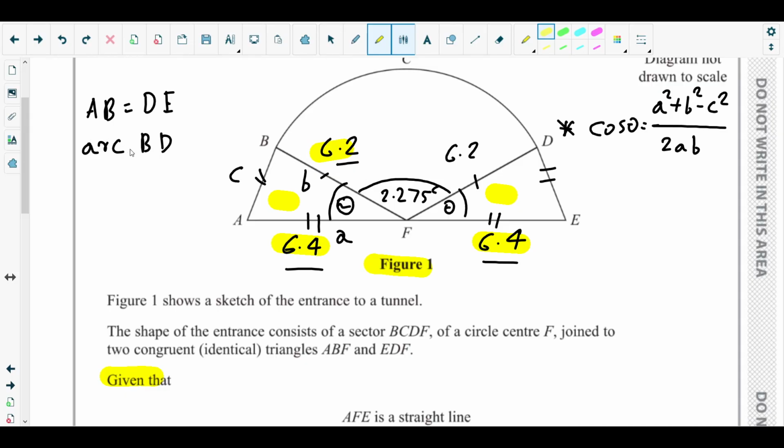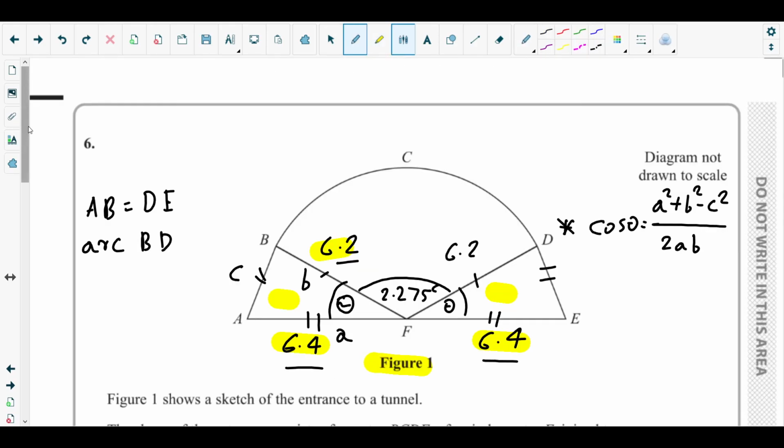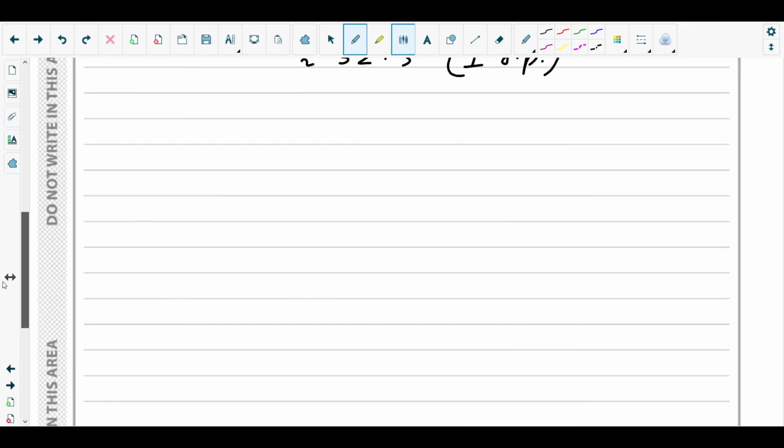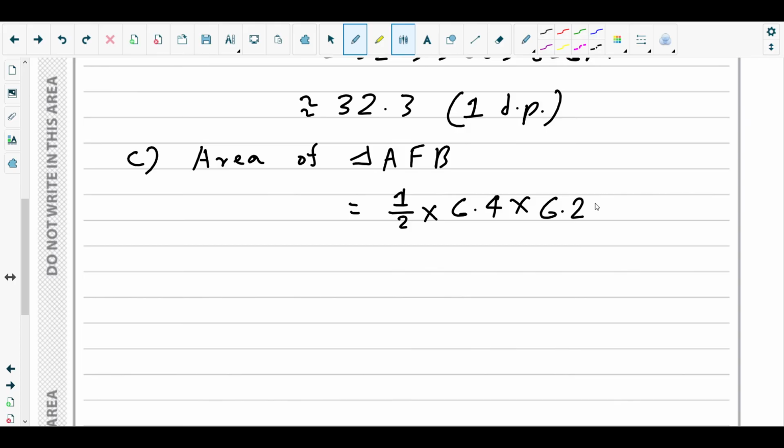So let's do that. Our first aim is to find the area of triangle AFB. Which formula will we be using? Half of ab sin theta, right? The adjacent sides are 6.4 and 6.2, and theta is 0.4333 radian.